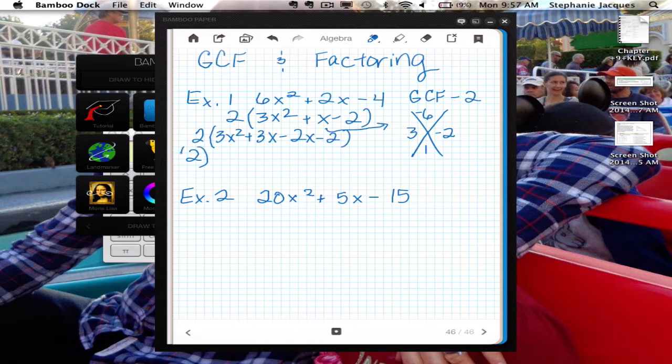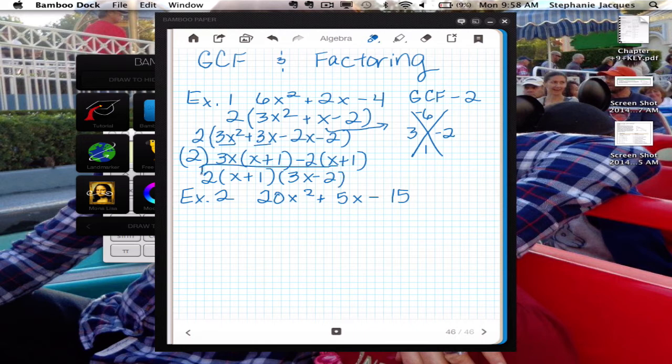I'm going to leave the 2 on the outside, and I'm going to pull out of this one and this one a 3x. So I get x plus 1. And then I can pull out that x plus 1 over here, and I'm going to get a negative 2. So my factored form is going to be 2 times parentheses x plus 1 parentheses 3x minus 2.